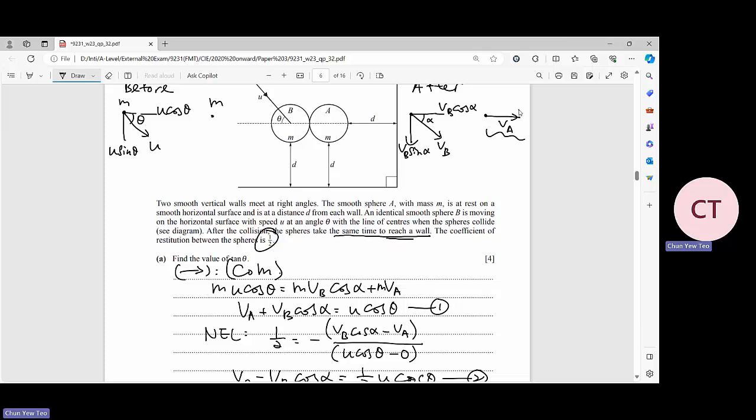That means the speed of A that travels the distance D, and the vertical distance that B travels is also D. So we will consider this also takes the time T. This one takes the time T to reach the wall D. This one also takes the time T to reach the wall D. So that means the speed I'm having here and the speed I'm having here are the same.